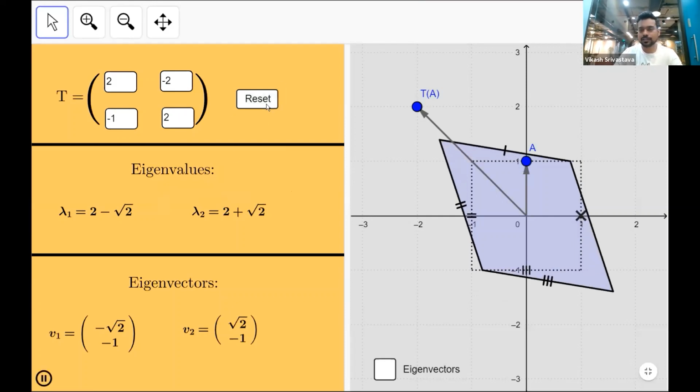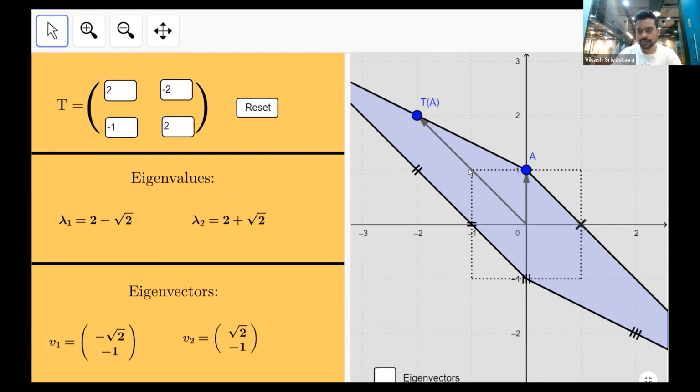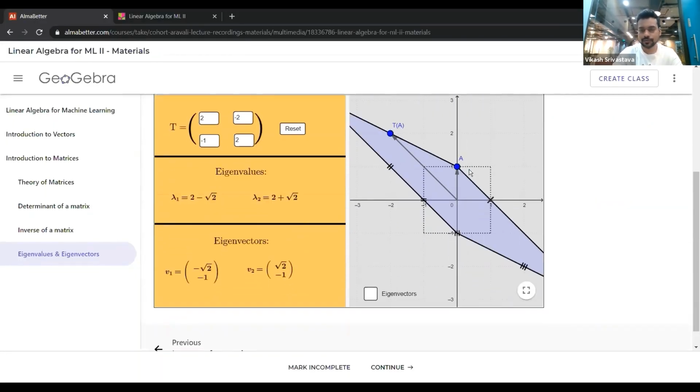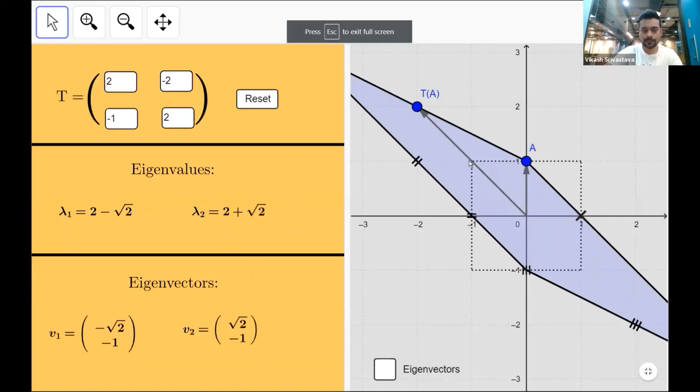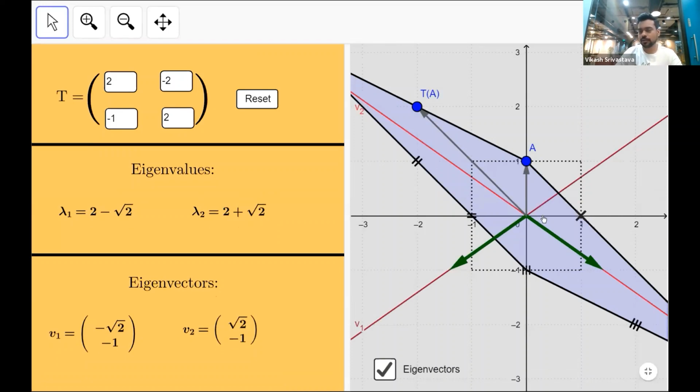I'll apply this transformation T. So now I can show you the eigenvectors. Eigenvectors are these green ones. It's a very interesting concept.